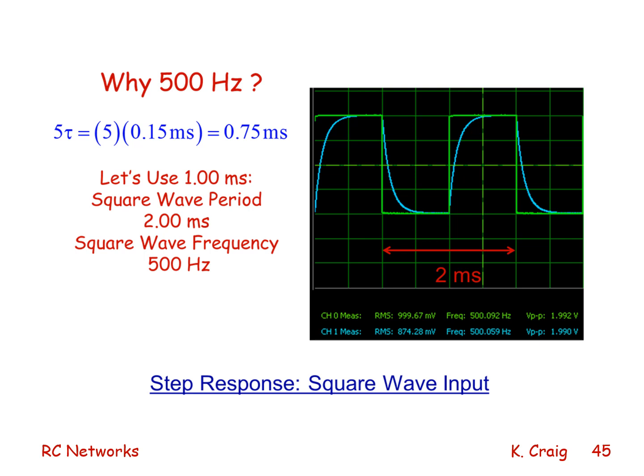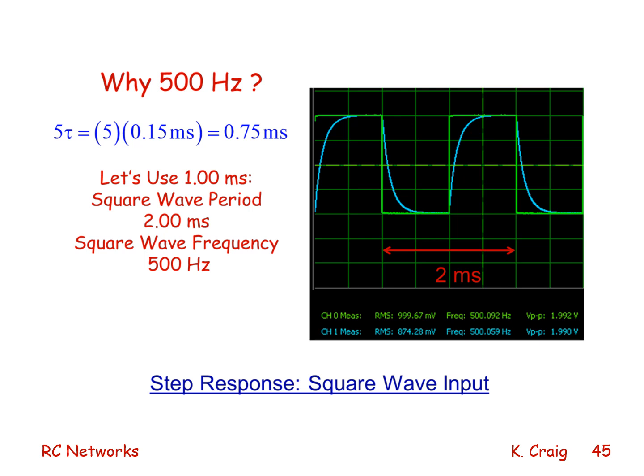So the question is, why do I pick for my waveform generator a square wave at 500 Hertz? Well, very simply, if I know my time constant is 0.15 milliseconds, and in 5 time constants, I'm 99% of the way to the steady state value, and that's 0.75 milliseconds, well, just so I give my system time to stay at steady state, I'll just use 1 millisecond.